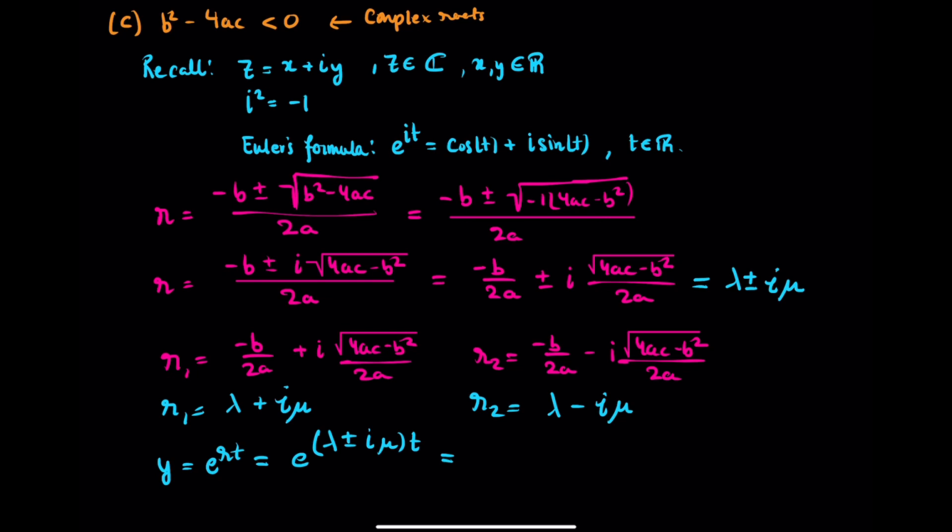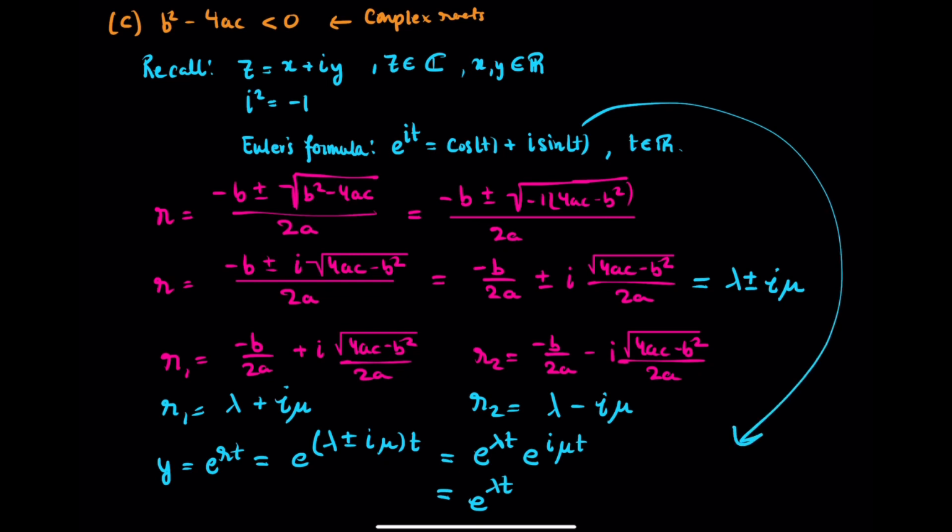Based on Euler's formula, if we expand this out, we get e to the lambda t times e to the i mu t. And then e to the i mu t becomes cosine of mu t plus i sine mu t.